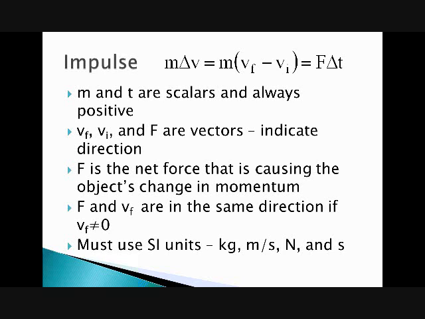Last thing to keep in mind, we have to use SI units. In the conservation of momentum with mass and velocity, you don't have to use kilograms for mass and meters per second for velocity. It doesn't matter what mass and velocity units you use as long as they're the same throughout the equation. Here, because we're dealing with newtons, we have to use the SI units. So keep in mind, mass has to be in kilograms, velocity has to be in meters per second. Time is always seconds.